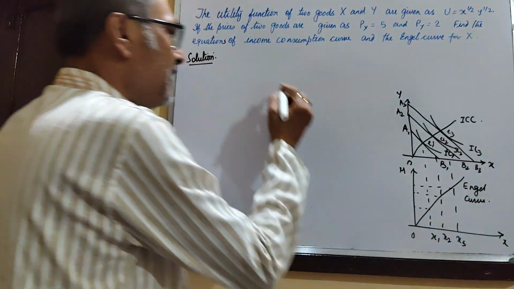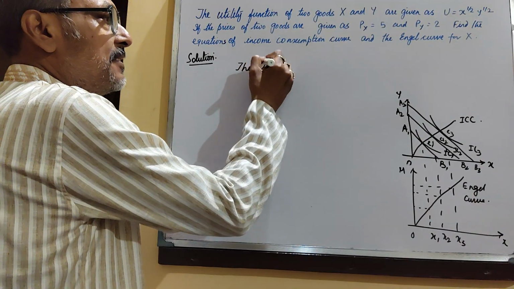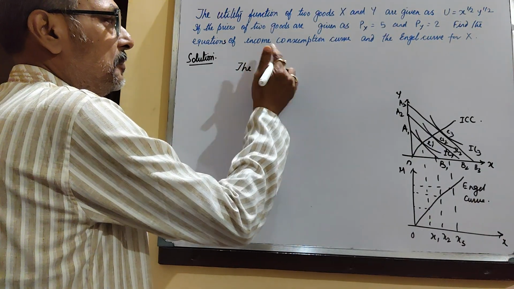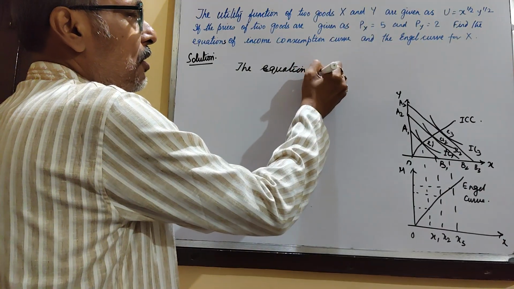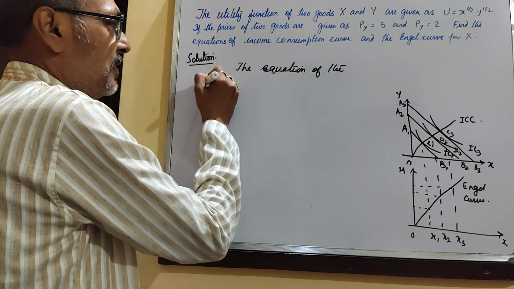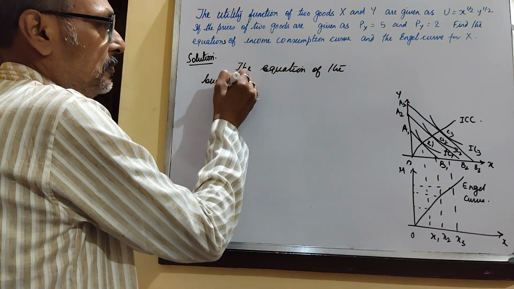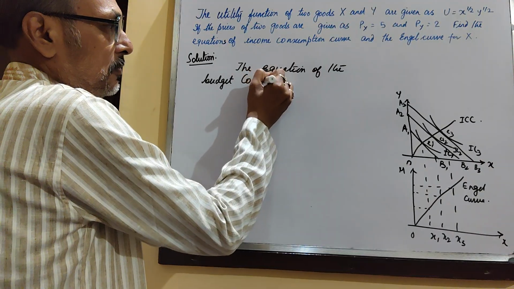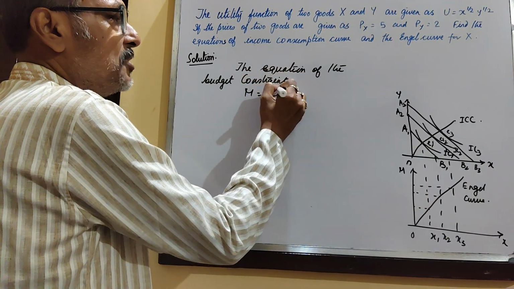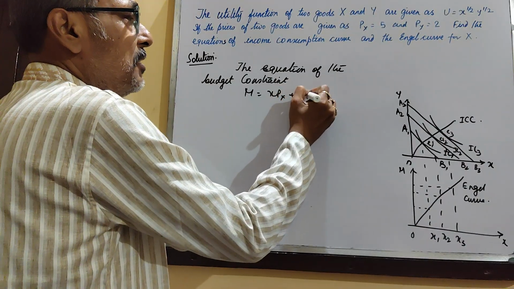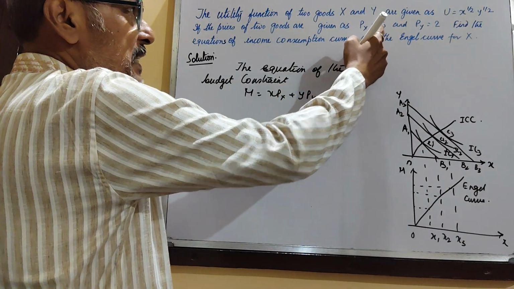How to get it? The equation of the budget constraint. Budget constraint, m equals xpx plus y py. What is px?